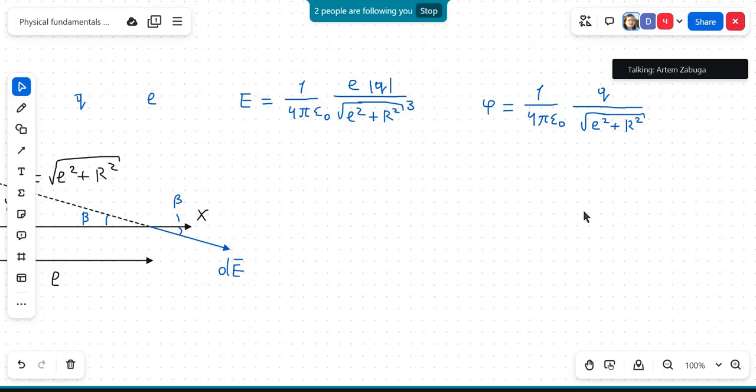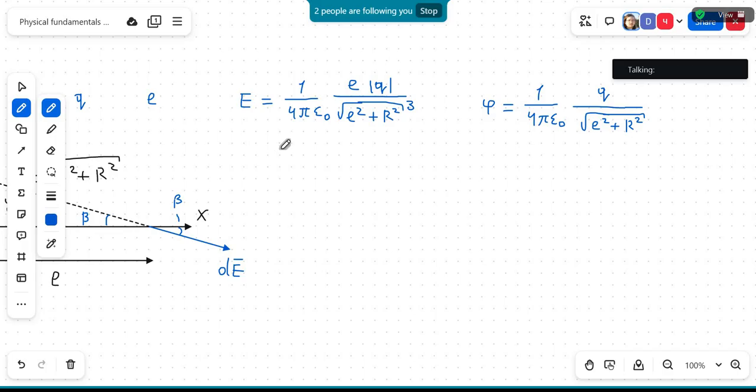It is also necessary to investigate and obtain the dependence when L is much bigger than R, or much larger.